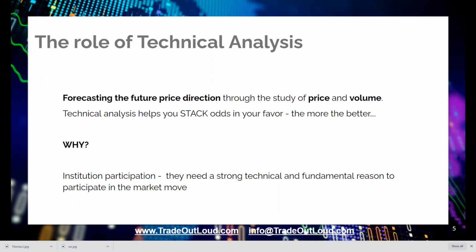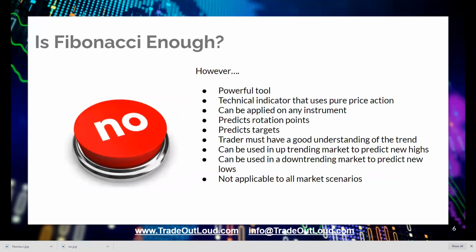Well, because we need institutional participation, and this is going to help us get into trades at the same time as the institution. So we don't have to follow institutions and get in after the fact. We just scale in accordingly with the institutions. And institutions need a strong technical and fundamental reason to participate in the market moves.